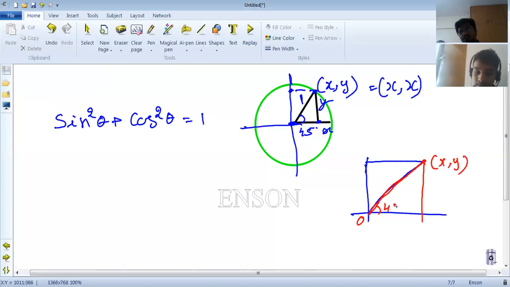If this is 45 degrees, what about this angle? It will be 45 degrees only. According to the congruency principle, this is the hypotenuse of the triangle, and if you consider this completely, it is a rectangle, or you can say a square also. Yes, it is a square. So in a square, if it is x and it is y, x is equal to y, obviously.